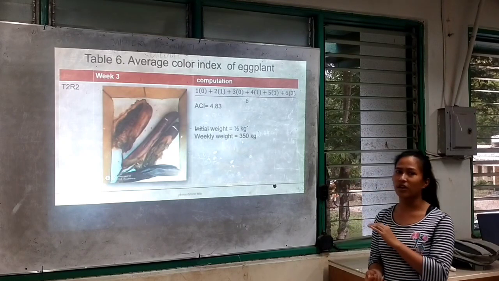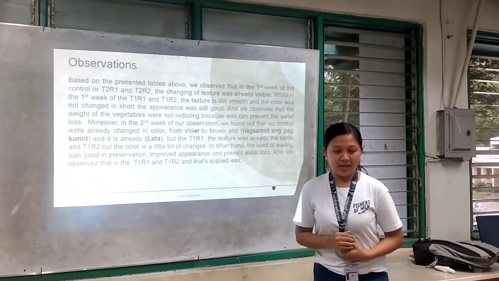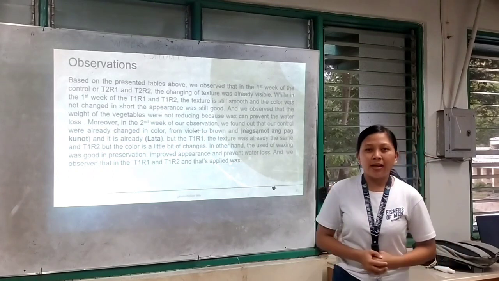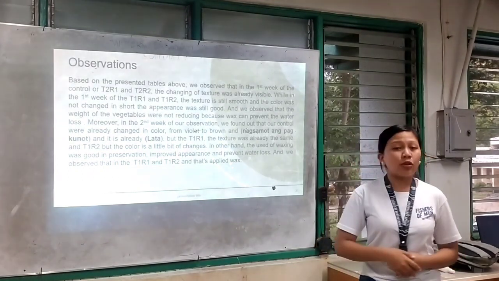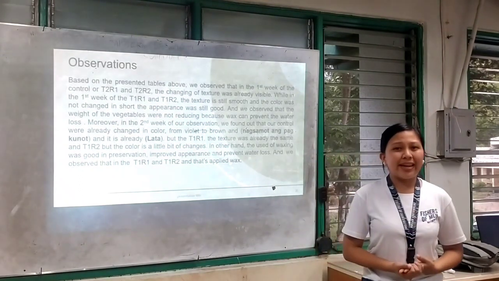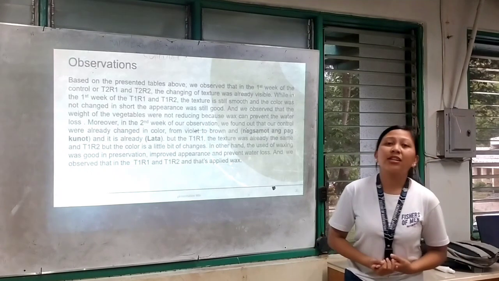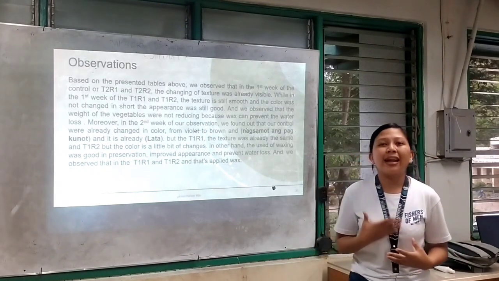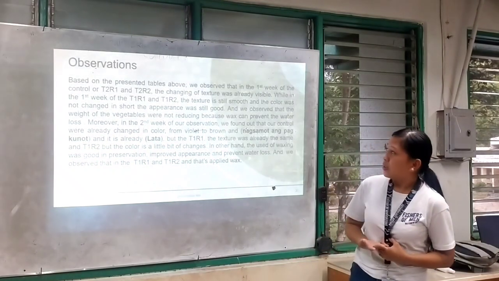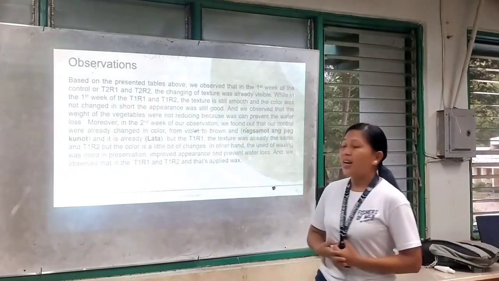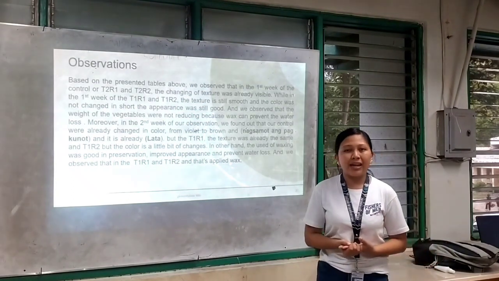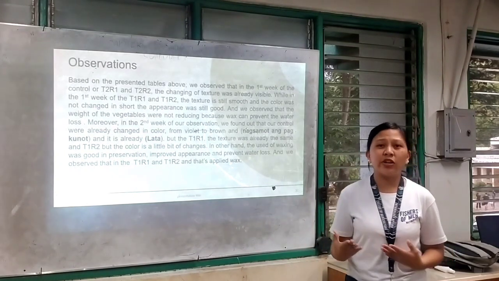So, the observation. Based from the table presented and explained by Sheila, T2R1 and T2R2 are the control. In the first week, the changes were already visible, as they were becoming more wilted. But for T1R1 and T1R2, which were waxed, there were no visible changes yet in appearance, color, or texture.